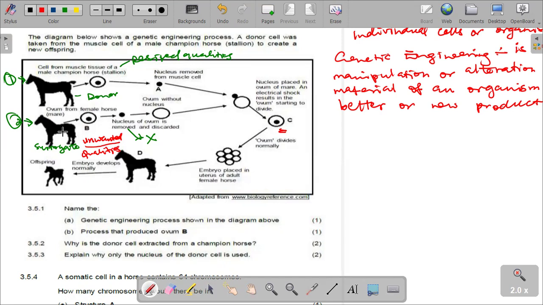It was just a surrogate, which is just going to be used as what? It is being used as an incubator. It is just used for the development of the embryo.